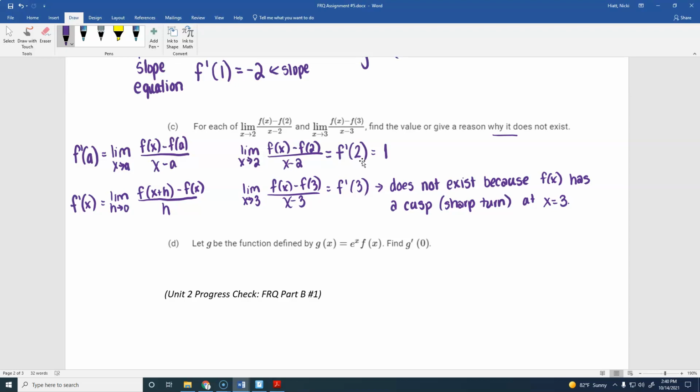It's asking for each separately, so the first one exists and it equals 1. You don't have to give a reason if you find the value. But for the second one, it does not exist because there is a cusp there. Okay, questions? All right.